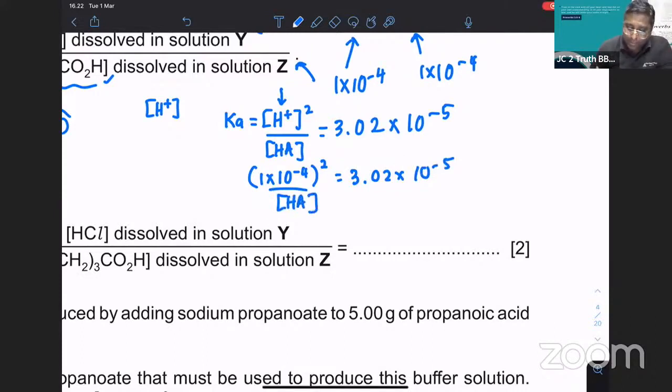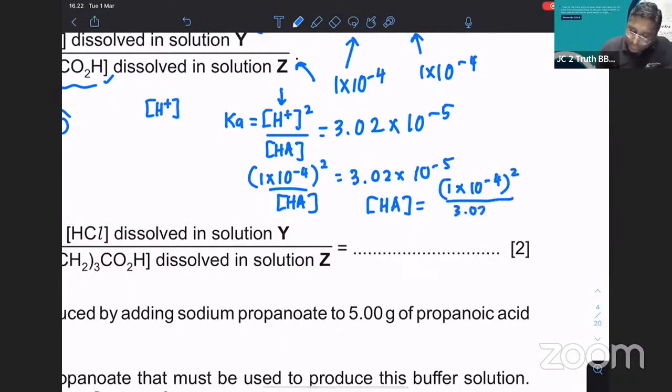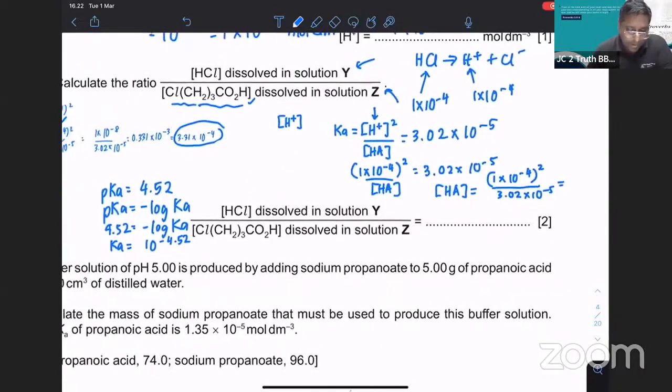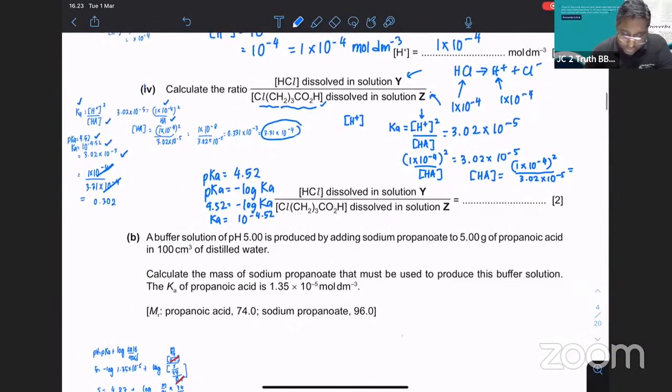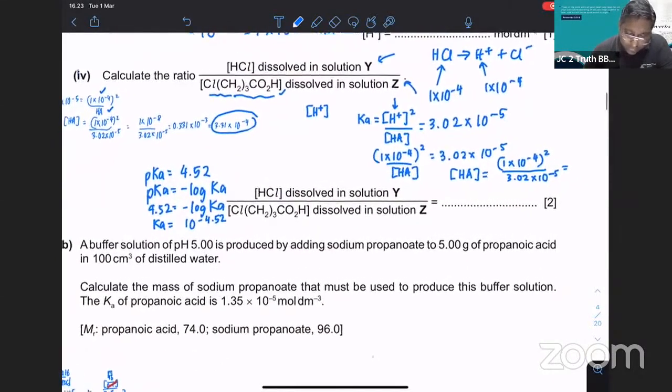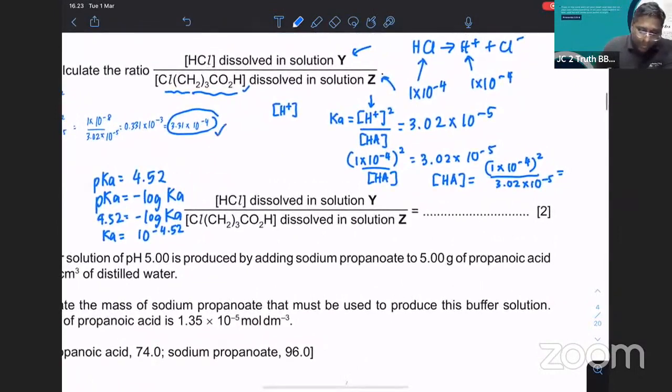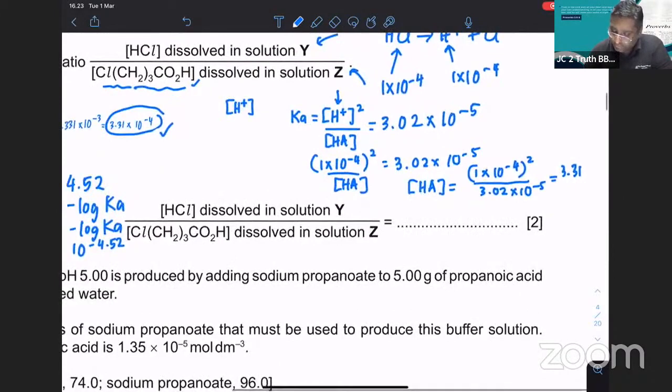So you can calculate the concentration of HA, the weak acid: 1 times 10 negative 4 to the power of 2 divided by 3.02 times 10 negative 5. If you calculate this, the value is going to be 3.31 times 10 negative 4.